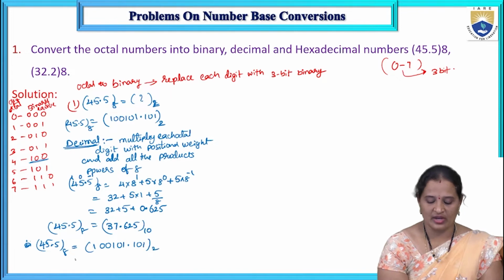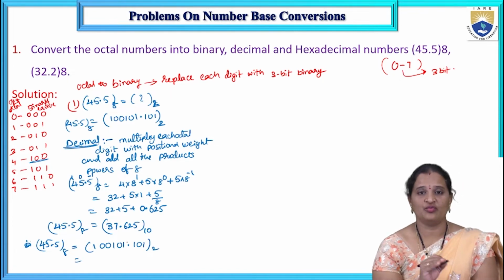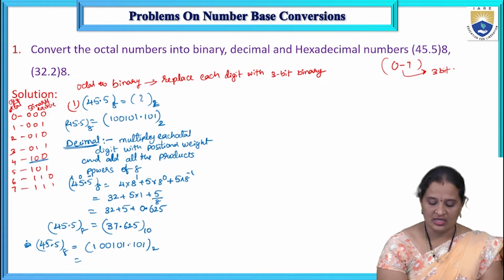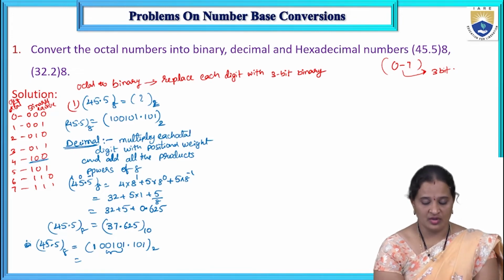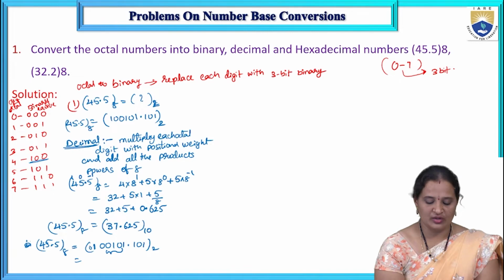Now group them into 4-bit binary groups. As we don't have a sufficient number of digits here, we need to add zeros at the MSB position. So this is one 4-bit group.